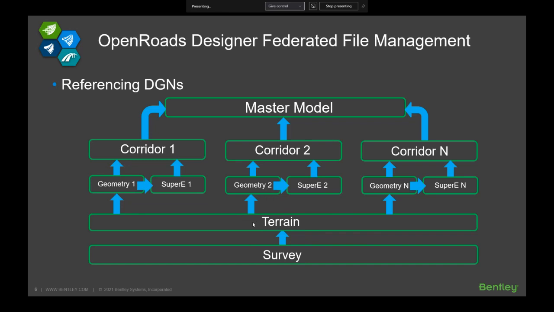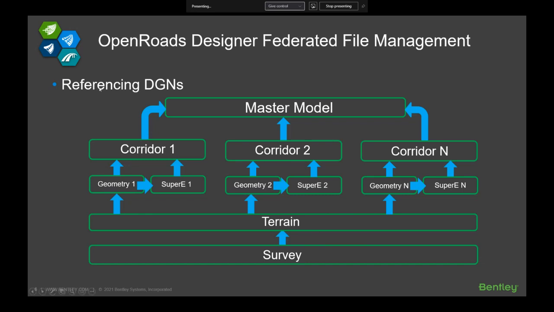Okay. Now, anytime the terrain updates, this guy, the geometry 1 guy, and then the geometry 2 guy, or even the geometry n guy, are referencing the terrain file. Anytime the terrain file changes, they would know that it has updated. And all they need to do is just reload the reference.